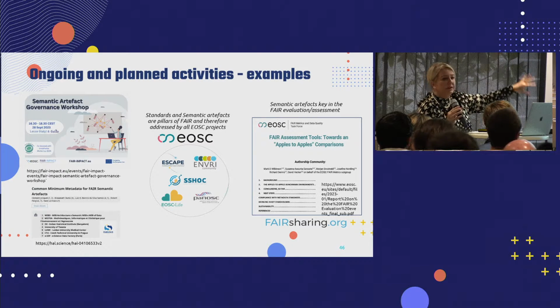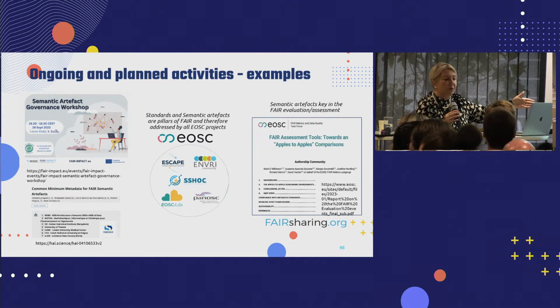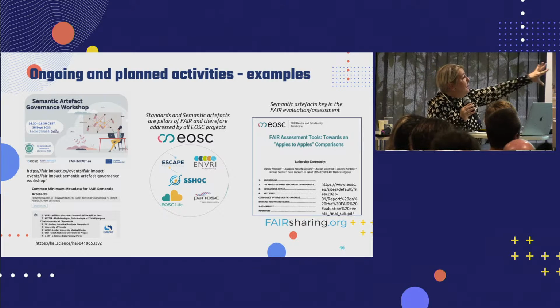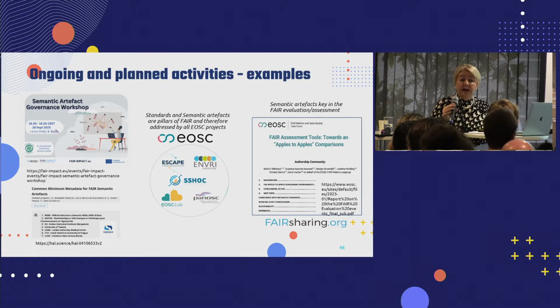There are several activities around artifacts and standards, obviously many projects of EOSC, especially the new ones, so there is no list because I couldn't even know which names to put in there. But also this is very important in the, oh God, what's the name? The EOSC FAIR Metrics and Data Quality Task Force, because the use of semantic artifacts and other standards is essential in the evaluation, and this is something we are doing in that task force too.